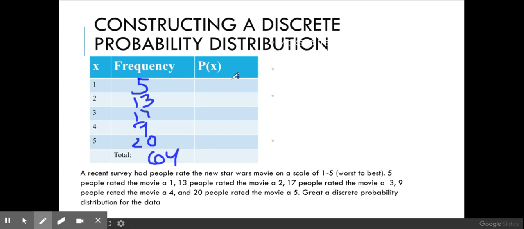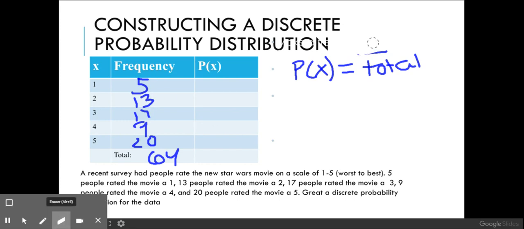So now to get P of X, the formula for P of X equals the frequency over the total.